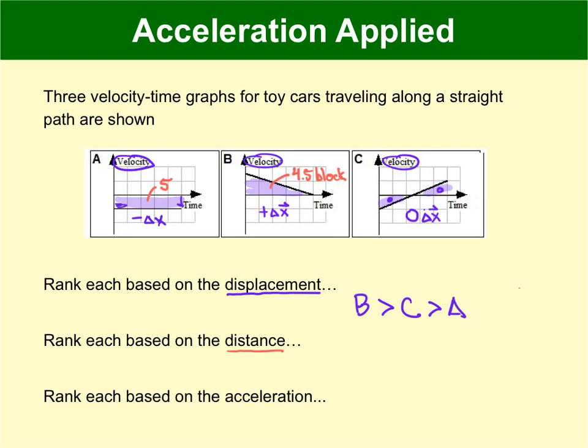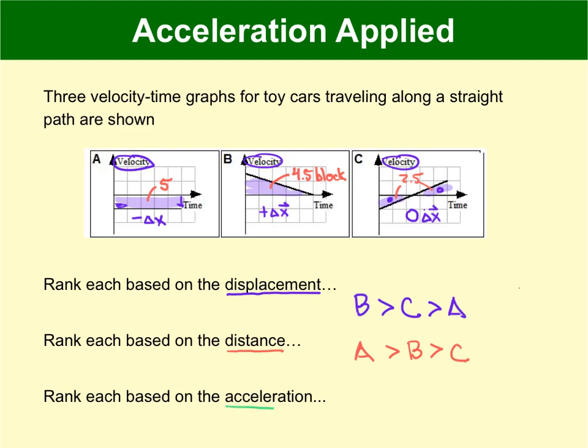Over here, we have about 1 times 2.5 times a half. You have a total here of about 2.5 blocks. Again, figuring out the area of each of these. And so in this case, A is greater than B, which is greater than C. We're thinking about what is the definition of distance when we do this.